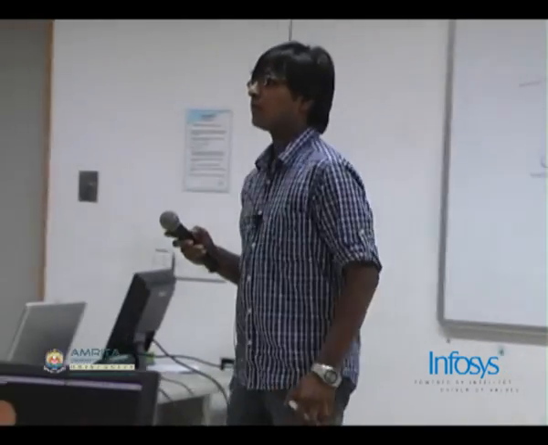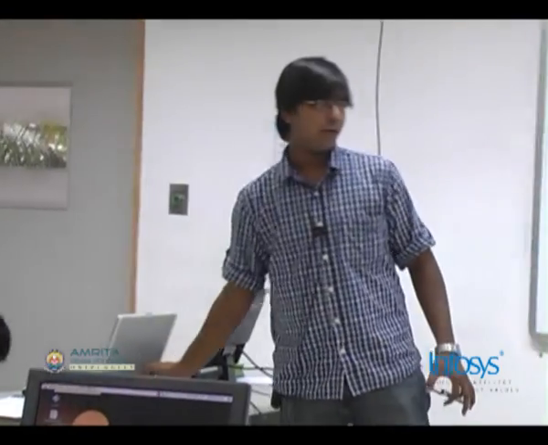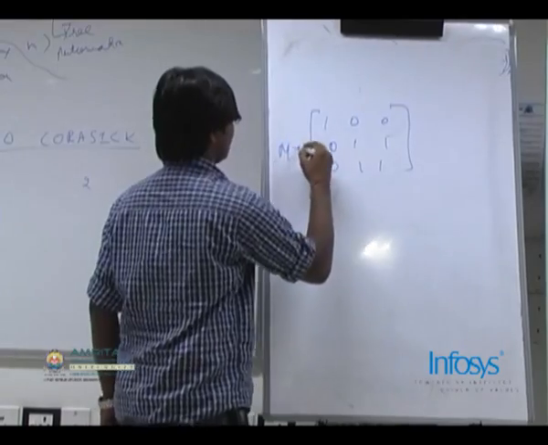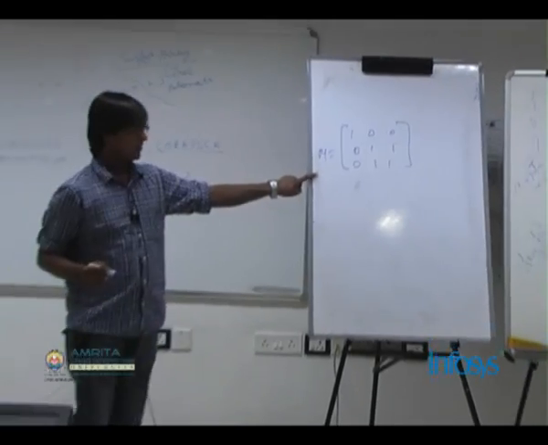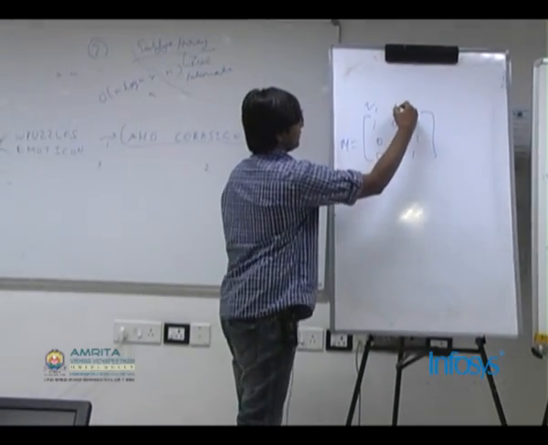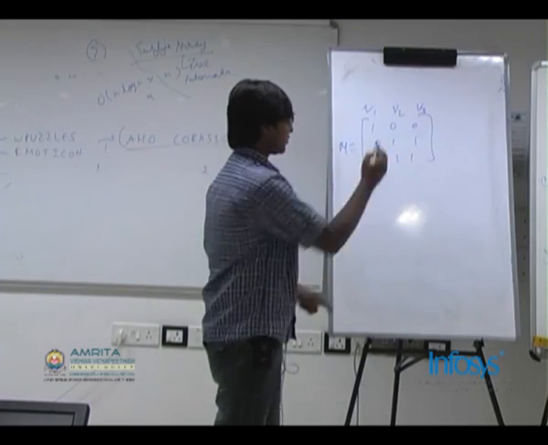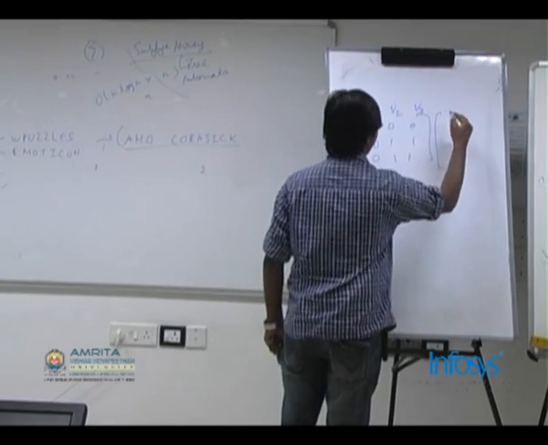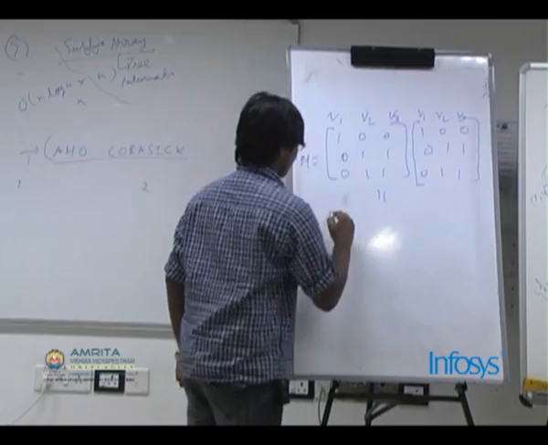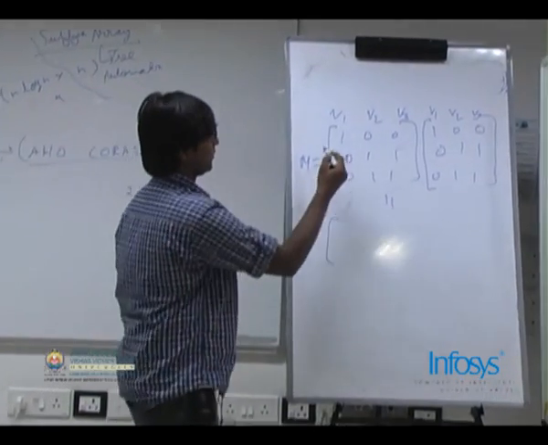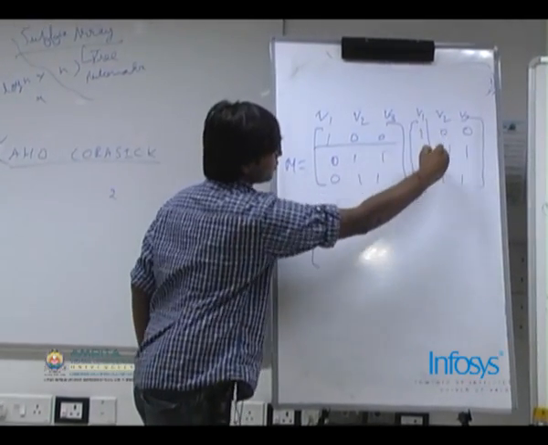Now I'll explain why it works. Consider this matrix, with V1, V2, V3. I'm just showing the multiplication. You multiply this row with this column.